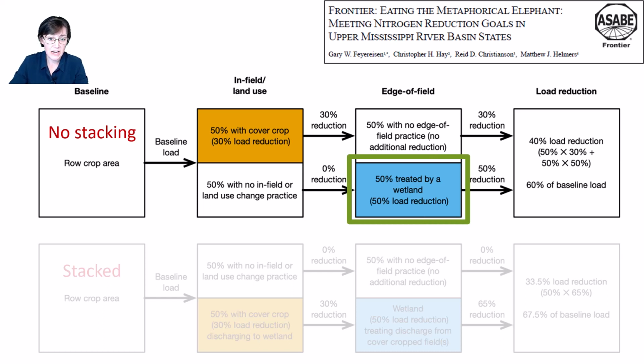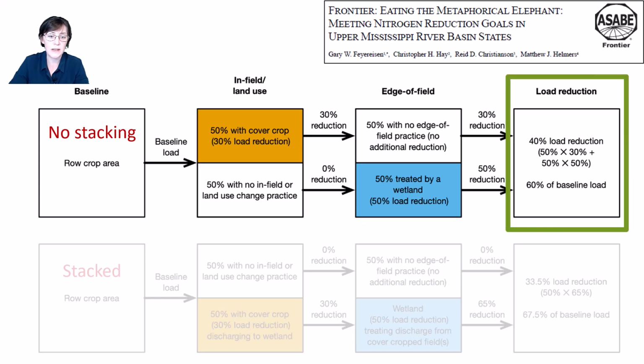Again, these are different acres because these practices are not stacked in this scenario. Those wetlands give you 50% in-loss reduction on the second half of your acres. Altogether, you end up with an overall reduction of 40% from the baseline, or in other words, 0.5 times 0.3 plus 0.5 times 0.5.